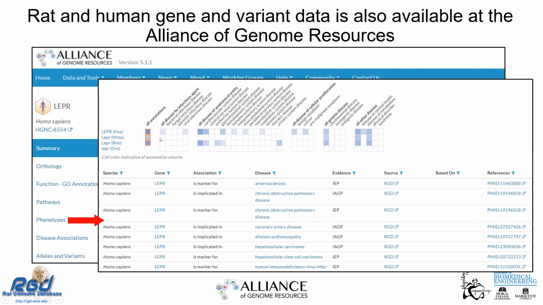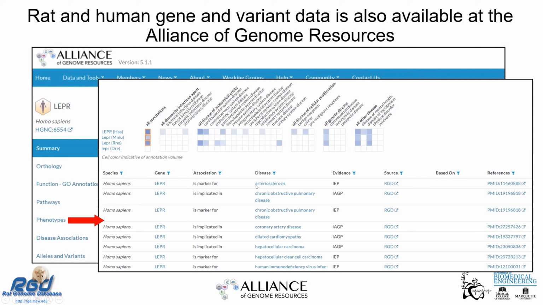And one thing that's very nice is this disease ribbon that gives you an overview of the annotations available for each of the species. And the species that are shown here are based on the stringency selection that you've made above. So these are, again, the more stringent of the orthologs. So in addition to human, you can see annotations for mouse, rat, and also zebrafish.